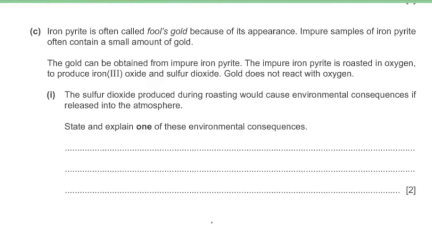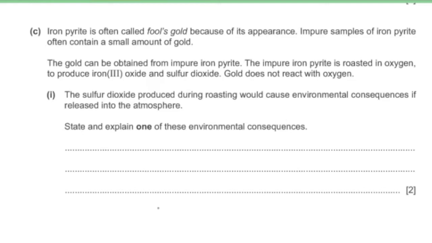So this sulfur dioxide, which forms when iron pyrite roasts in oxygen, will get oxidized to sulfur trioxide by reacting with oxygen, which reacts again with water to form acid rain. This acid rain is not only harmful to marine animals because it decreases the pH of rivers or oceans, but also to limestone buildings.